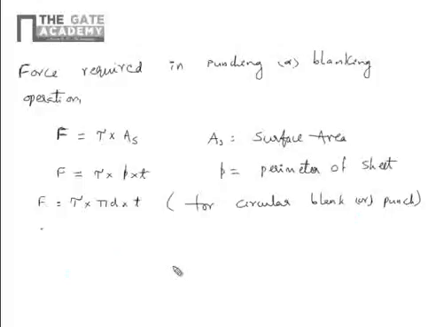If it is rectangular, it means perimeter is 2 into L plus B. You need to change that.